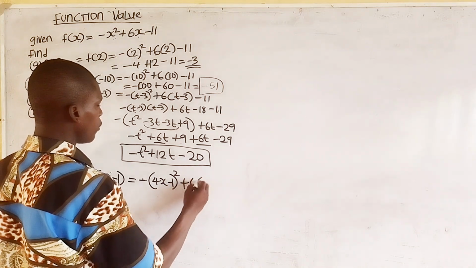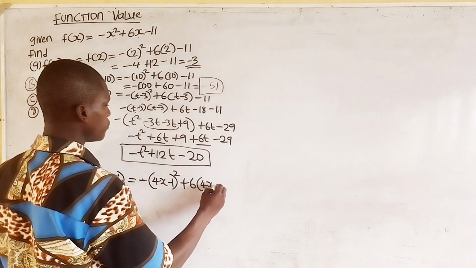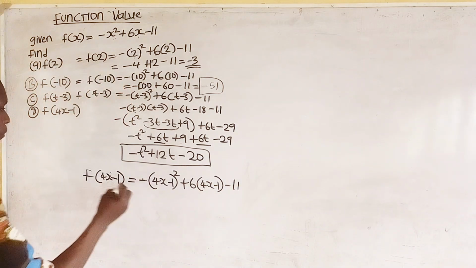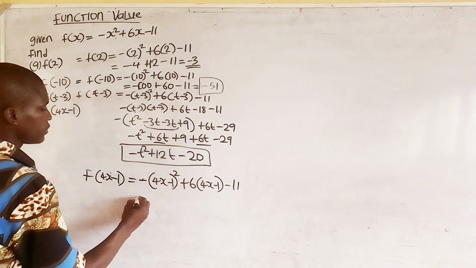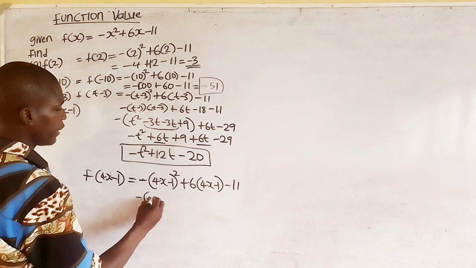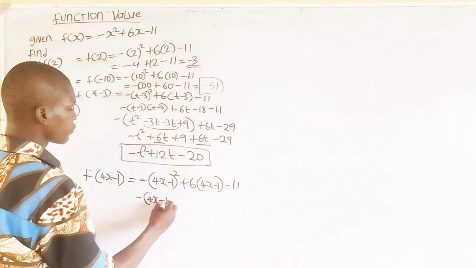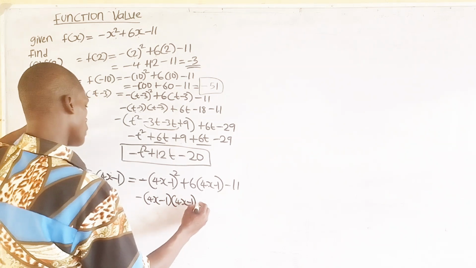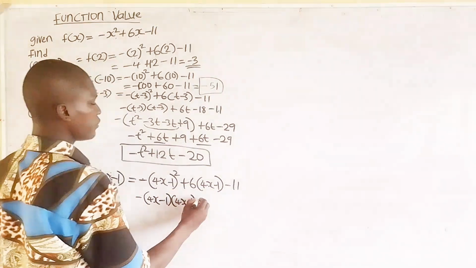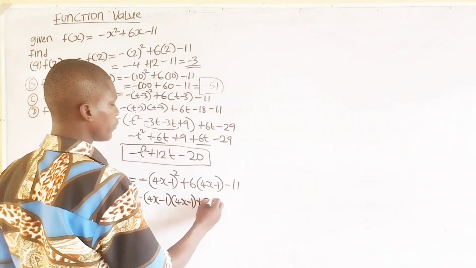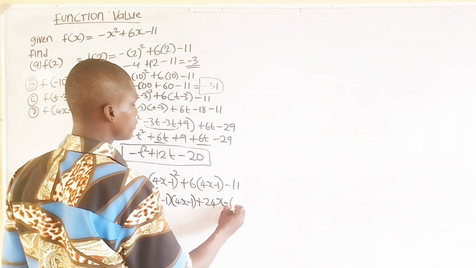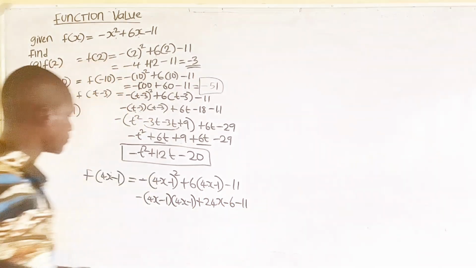Plus 6 open bracket 4x minus 1 close the bracket minus 11. Then this also means minus open bracket 4x minus 1, 4x minus 1. Then 6 times 4x will give you 24x. Then 6 times minus 1 will give you minus 6 minus 11.